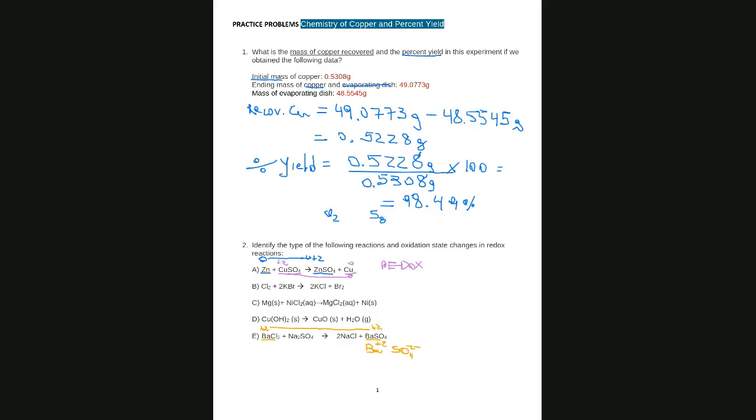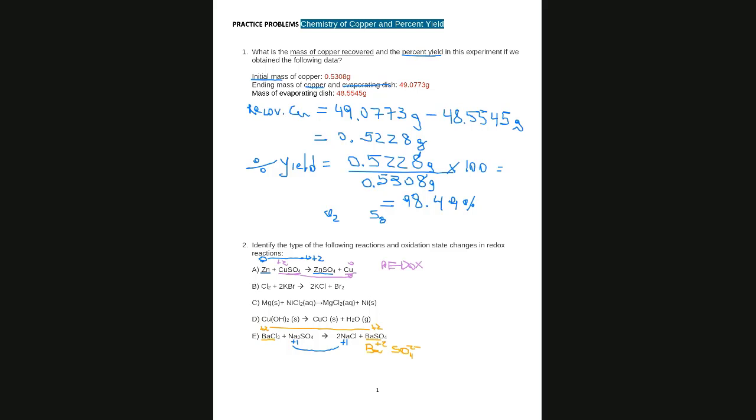If we look at the sodium, it did the same. Here we have +1, and in sodium chloride, +1. It didn't change the oxidation state. So reaction E can never be a redox reaction.